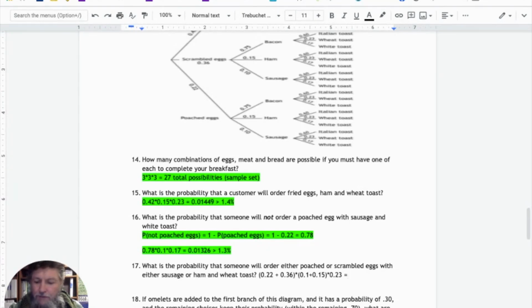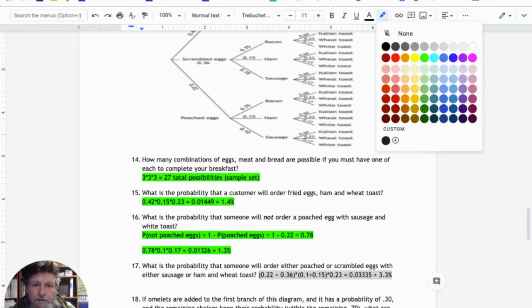This is the way you have to do it. 0.1 plus 0.15, close parentheses, and then multiply that product by 0.23, which is the probability of wheat toast. We come out with an answer of 0.03335, which comes out to 3.3%.